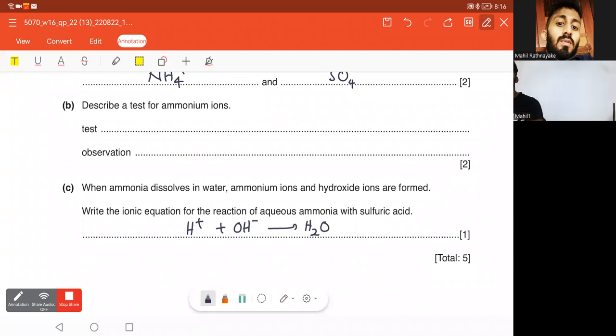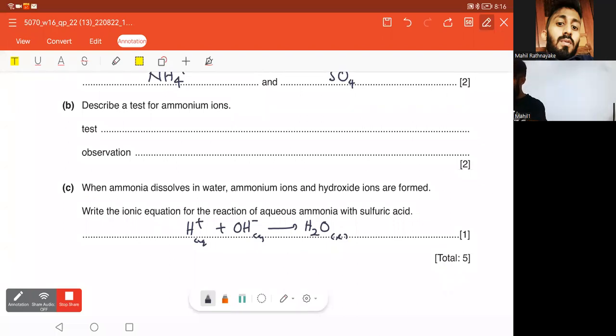Any acid and alkaline reaction, this is the ionic equation, right?